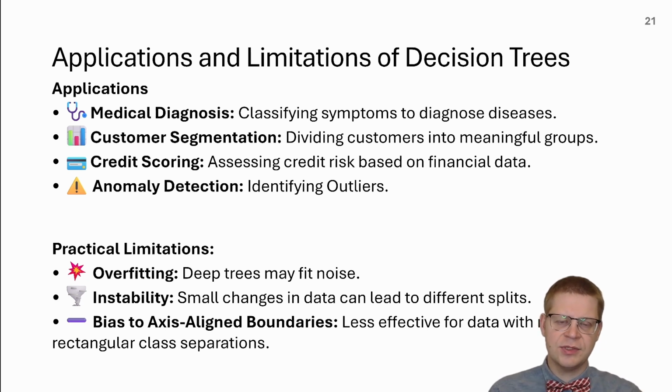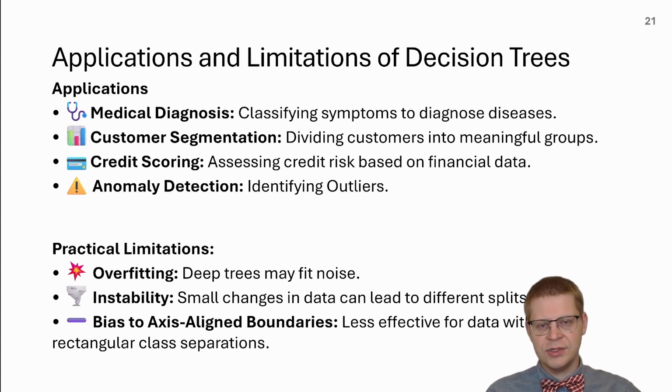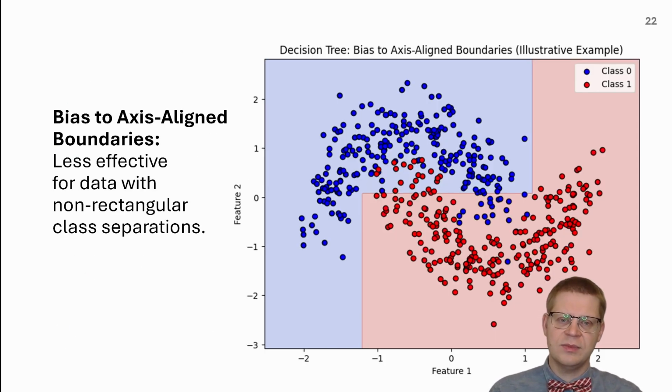As for the limitations, trees may overfit and will overfit. They are unstable. Small changes in data can lead to different splits. And trees are biased to axis-aligned boundaries, meaning that they're less effective for data with non-rectangular class separation. So what it means, let me show you.